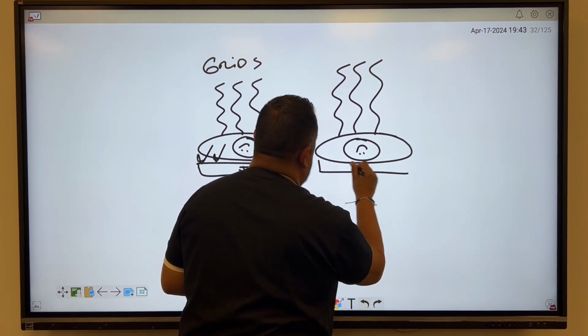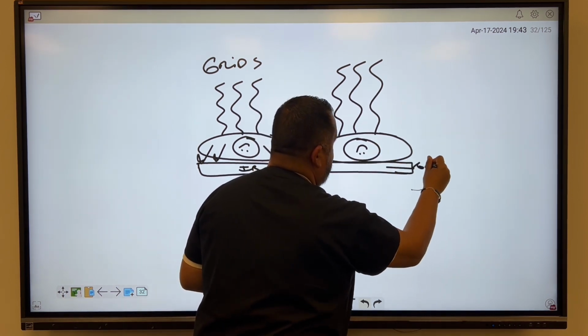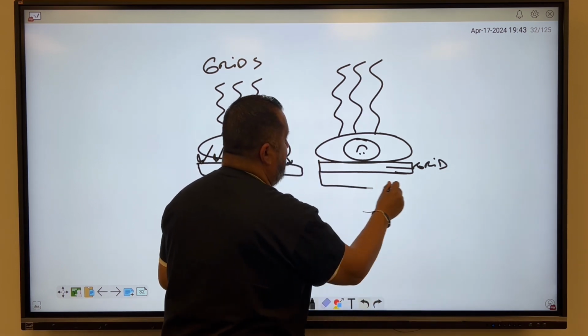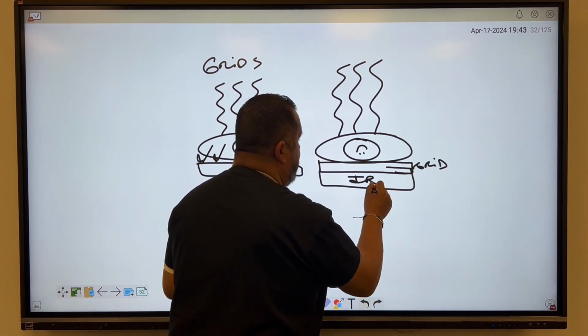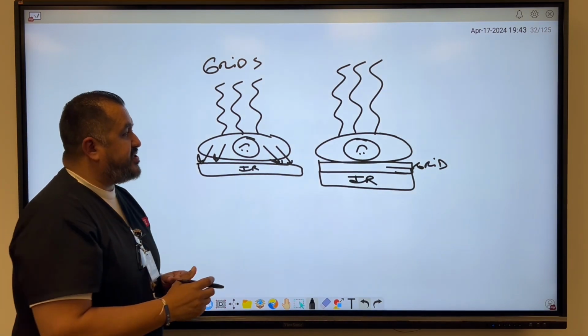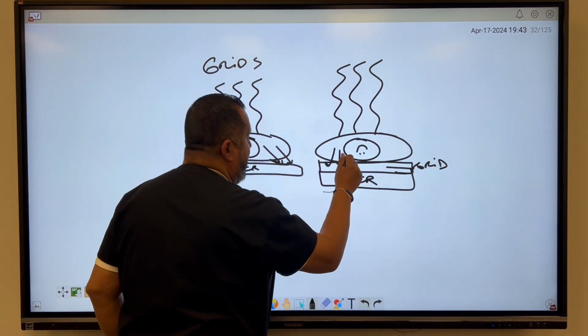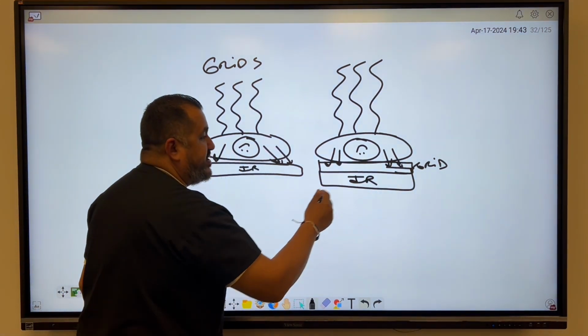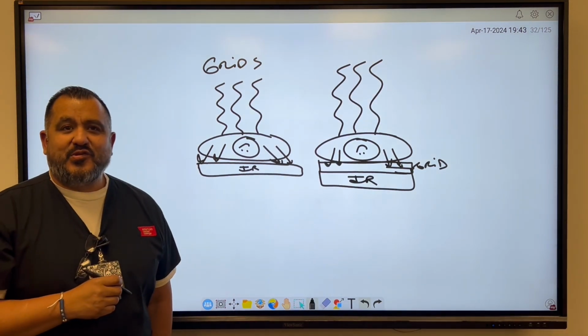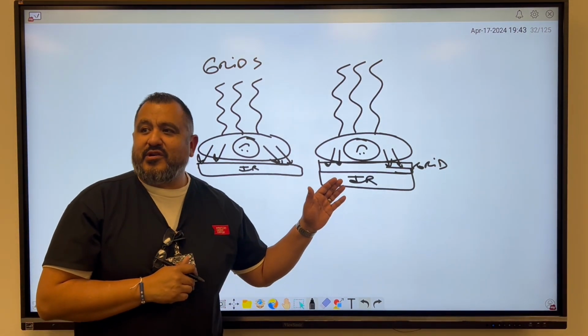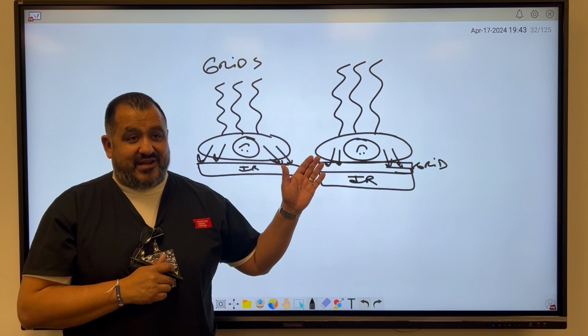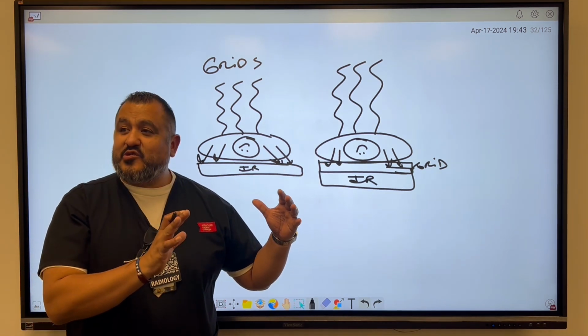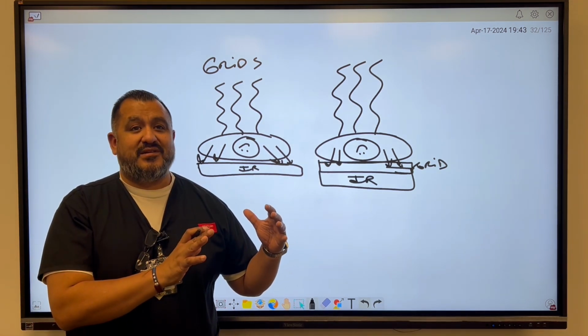But now we're going to add a grid. So this is your grid, and then here's your IR. Remember, the grid's always placed between the IR and the patient. What's the grid going to do? It's going to absorb the scatter before it reaches the IR. So again, less recorded exposures, right? Less density, shorter scale, higher contrast, right?